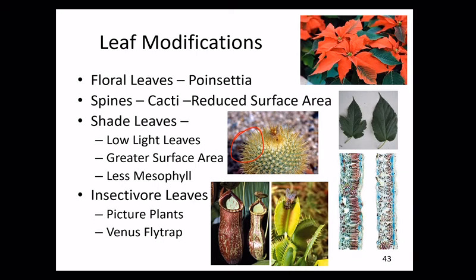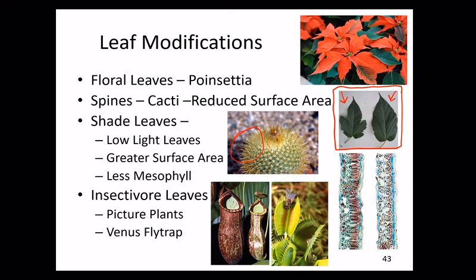Another one we can talk about are shade leaves. So if we look at this picture here, you can see these are leaves collected from the same tree. This one would be a top leaf exposed to a lot of the sun, which means that it has a smaller surface area. It has access to a lot of sunlight, so photosynthesis can occur regularly.